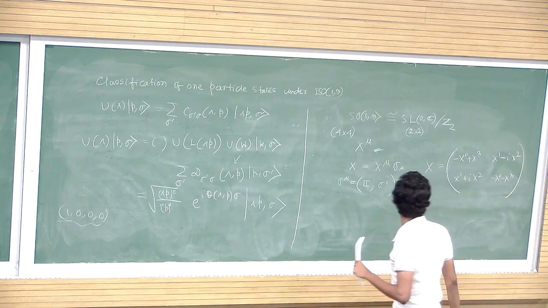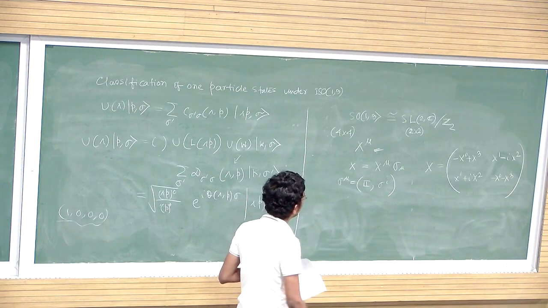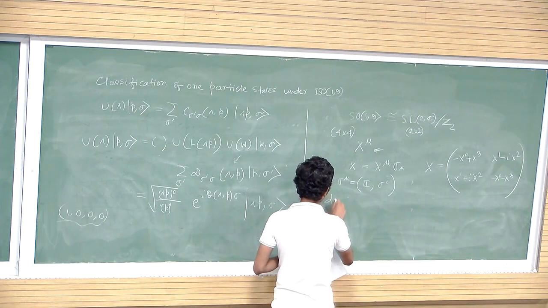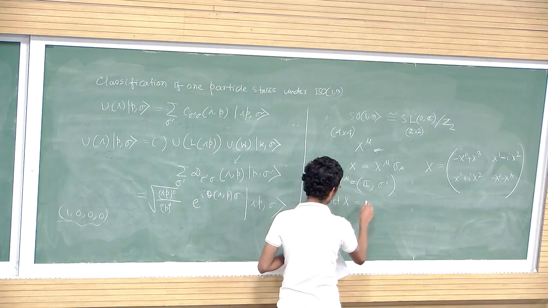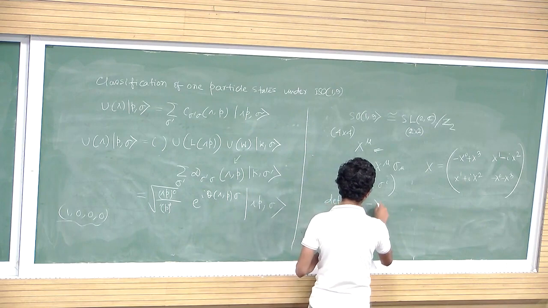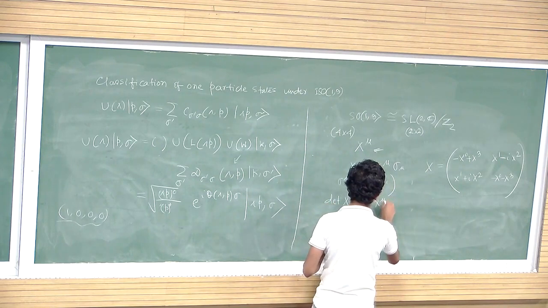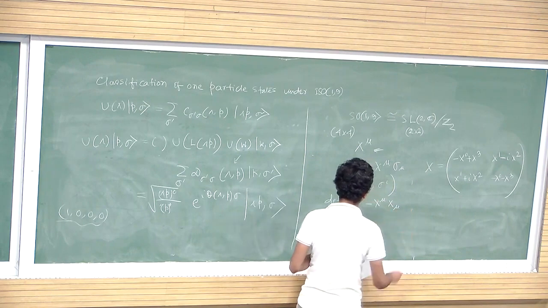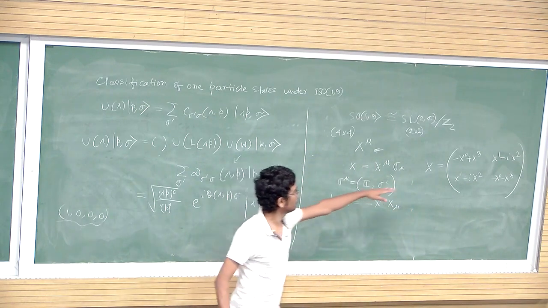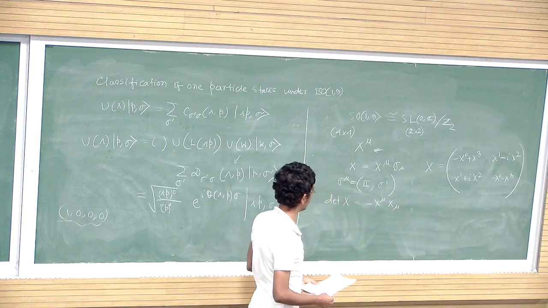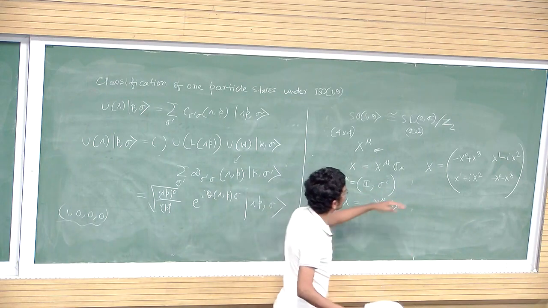Now you can calculate the determinant of this 2x2 matrix. It will give you the norm of this 4-vector, x^μ x_μ.